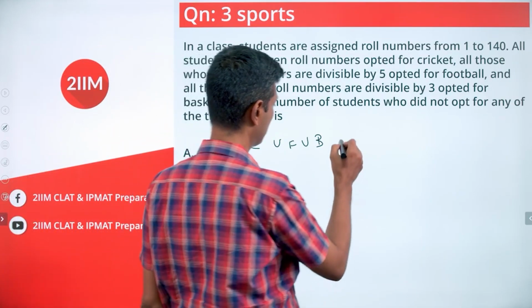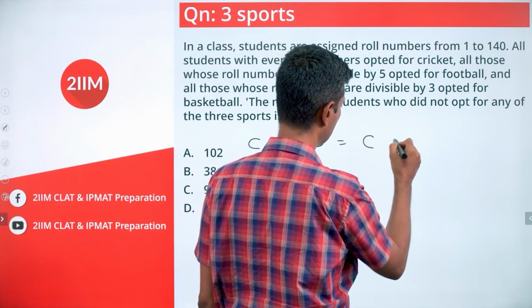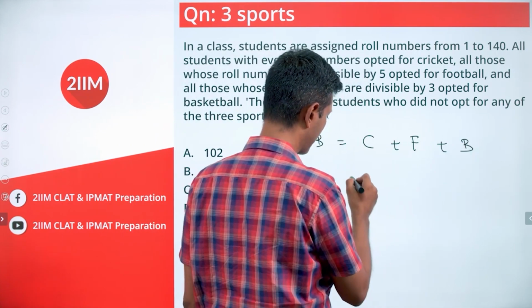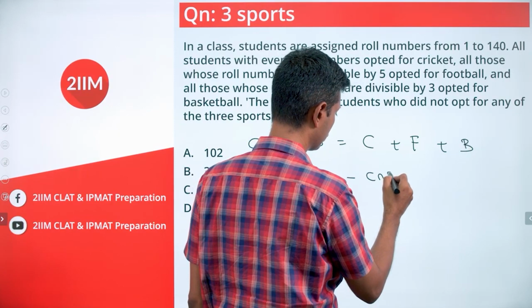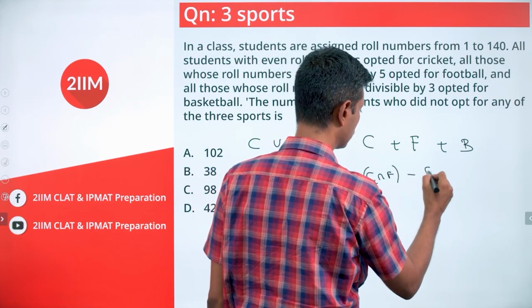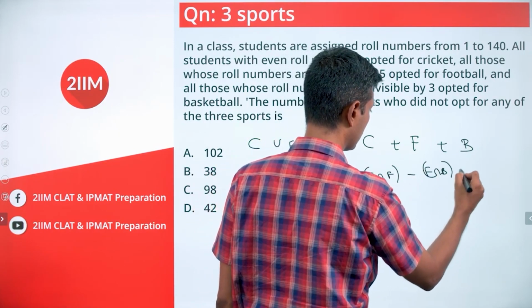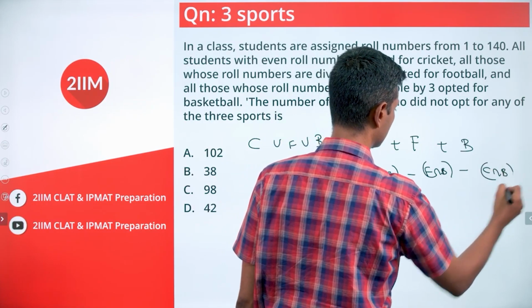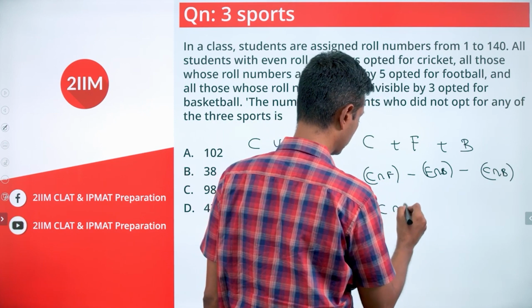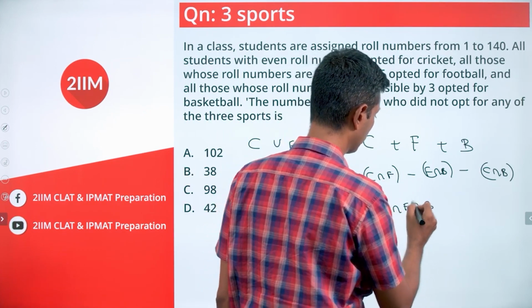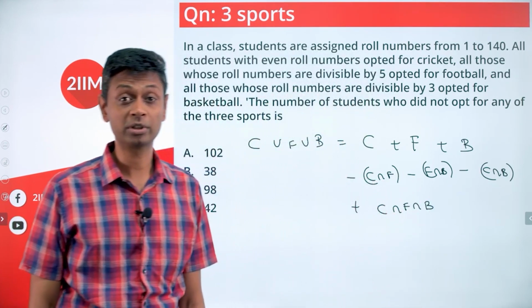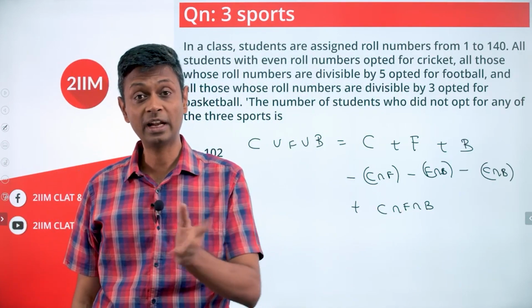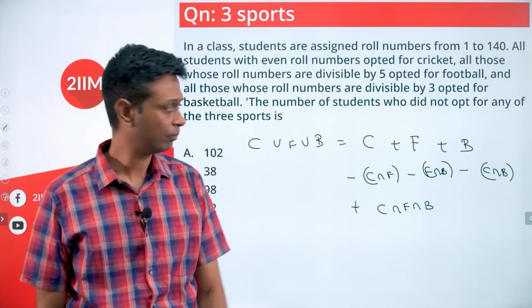Cricket union football union basketball is the number of people playing cricket plus the number playing football plus the number playing basketball minus cricket intersection football minus football intersection basketball minus cricket intersection basketball plus cricket intersection football intersection basketball. A union B union C is A plus B plus C minus A intersection B minus B intersection C minus C intersection A plus A intersection B intersection C. That's what we're plugging in here.